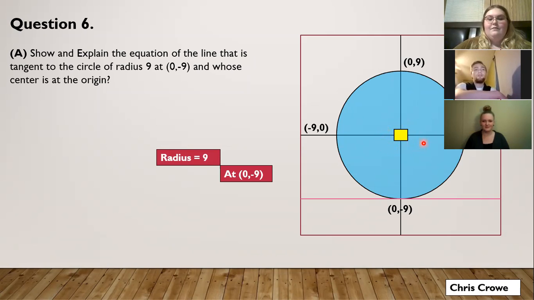And the question we're being prompted with, we have to show and explain the equation of the line that is tangent to the circle of radius 9 at 0, -9, and whose center is at the origin. So obviously I've explained what the origin is. The radius is half of the diameter, and the diameter is from one point of the circle to the opposite point of the circle.